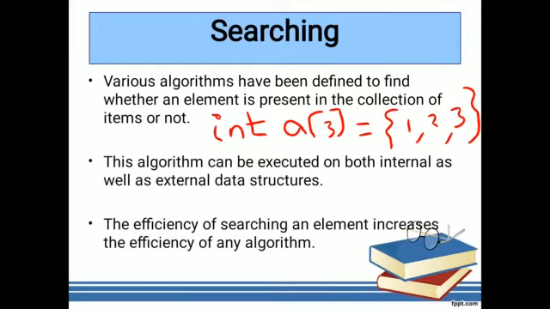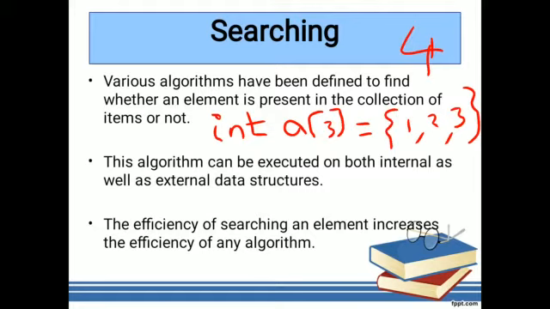Now the task is to find whether 4 is an element present in this array or not, and to find that we use different algorithms. Is 4 an element of array a? No, because the array consists of only 3 elements, 1, 2 and 3. But 4 is not an element.